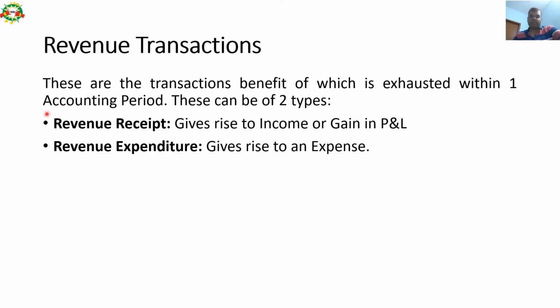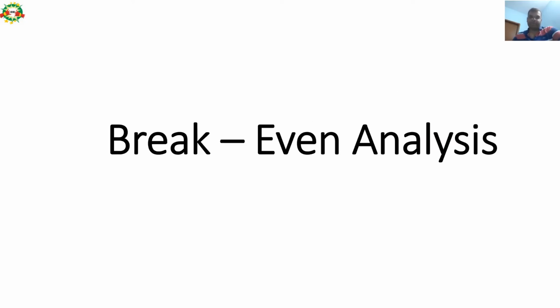Again, these are of two types: revenue receipt and revenue expenditure. Revenue receipt gives rise to income or gain in P&L. Revenue expenditure gives rise to an expense. So revenue transactions normally affect the P&L, and capital transactions normally affect the balance sheet, broadly speaking.